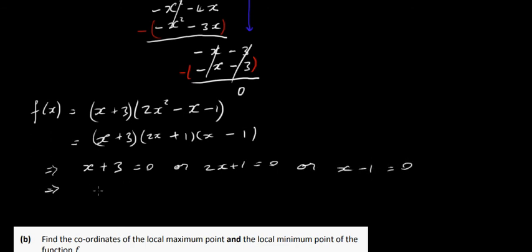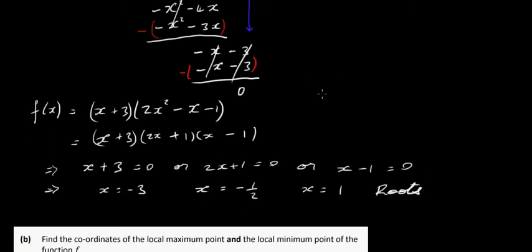So that finally will give me x is equal to minus 3, which we were told in the question anyway. Here we end up with x is equal to minus 1 over 2, and here we end up with x is equal to 1. So these are all our roots.